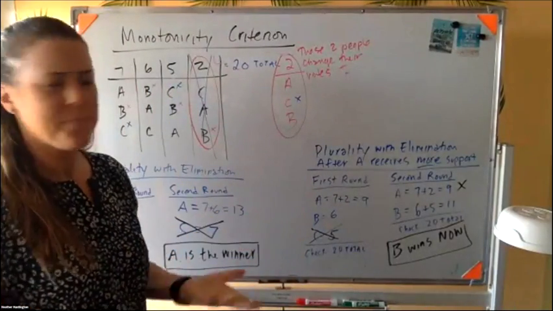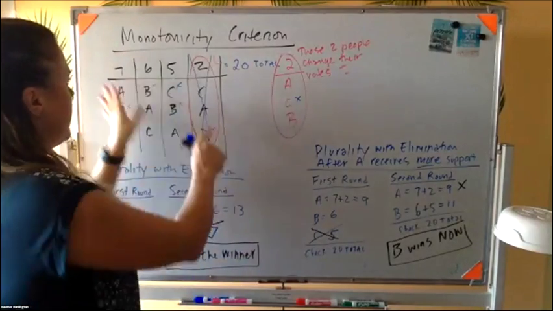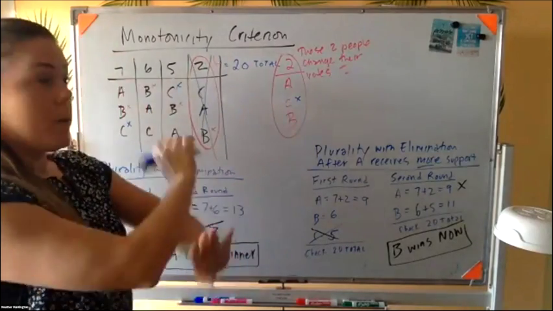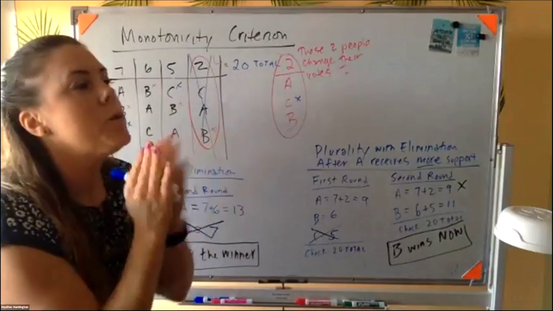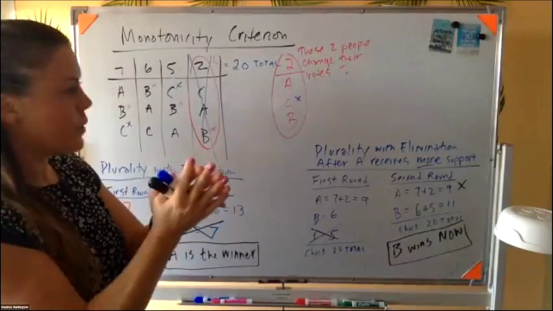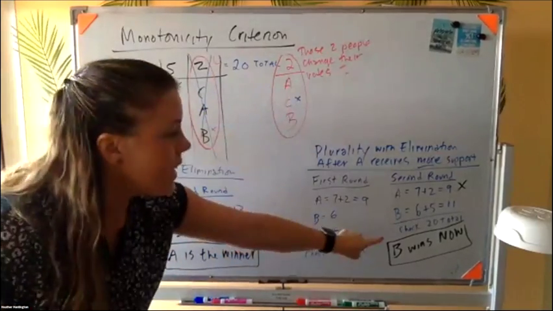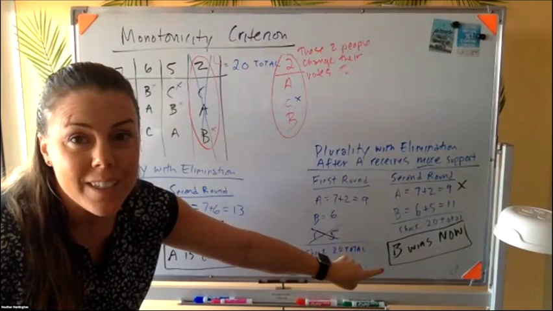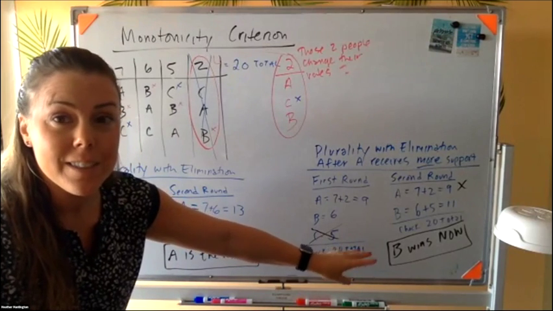Isn't that weird, right? If A knows what's going on here, he's going to go to those 2 people and say, hey, I'm going to give you some money. I'll give you something. Please do not put me at first place. Because if they change their rankings and move A up, A now loses. I hope you think that's weird, right?